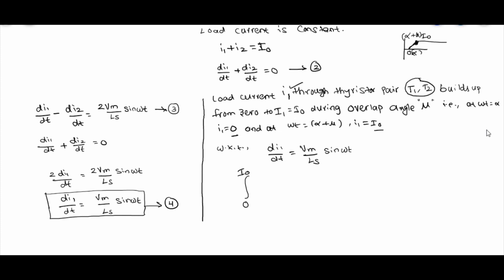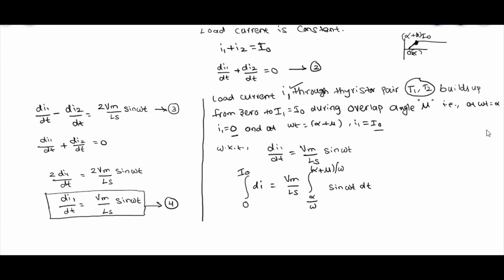Integrating with respect to t, we get the integral of di equal to Vm by Ls times the integral from alpha by omega to alpha plus mu by omega of sine omega t dt, since the time duration we are considering is from alpha to alpha plus mu.